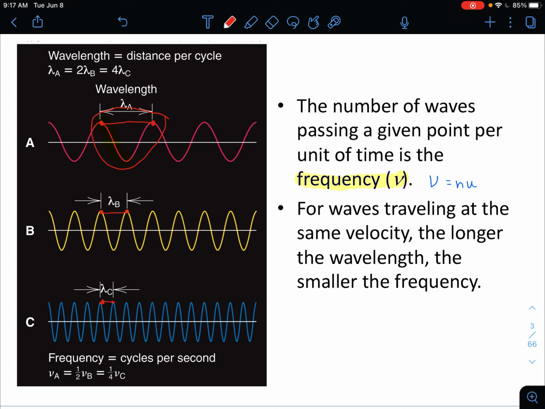So if we're talking about light, electromagnetic radiation, then it doesn't matter what it is, whether it's X-rays or visible light or infrared or ultraviolet. If it's electromagnetic radiation, it's all going to be traveling at the same velocity, the speed of light.